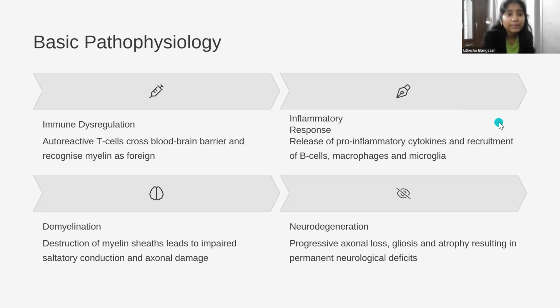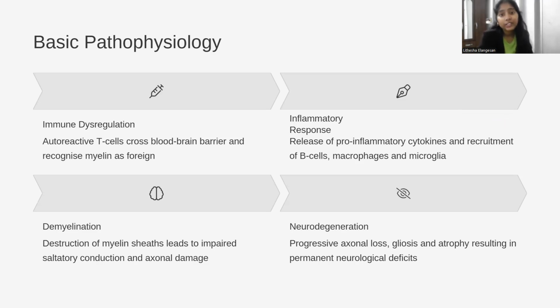So, the basic pathophysiology of this disease. Like I said, pathophysiology is the physical processes in the body that cause this disease. The first thing that happens is your immune system cells attack the myelin sheath on neurons. So we have autoreactive T cells, T lymphocytes, which you may have studied in A-level biology, which cross the blood-brain barrier and recognize the myelin sheath as foreign.